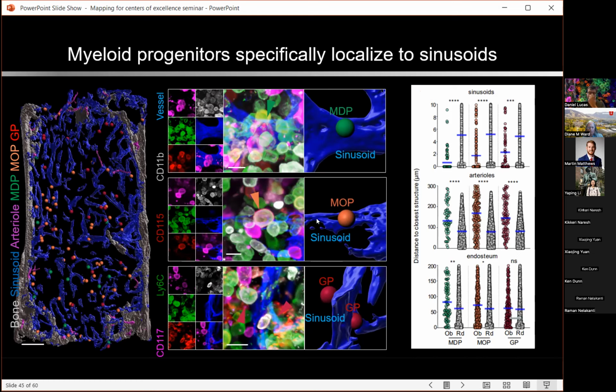In contrast, they are much farther than predicted from random from the arterioles, telling us that they don't like arterioles for differentiation. And in general, they are a little farther away than predicted from the endosteum, or they don't care about the endosteum, telling us again that this is not a site for myeloid cell production.